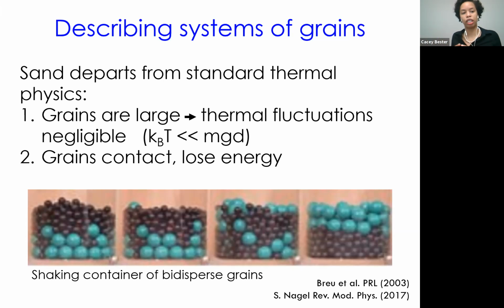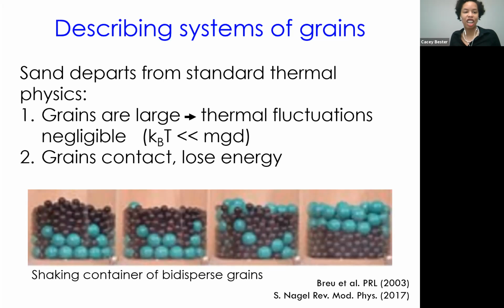So the granular systems dissipate energy as they interact, as grains make contact with one another. We'll constantly need to have energy input into a granular system in order to manipulate the behavior of our granular media. And that inhibits our ability to use our standard framework from which to describe granular systems.